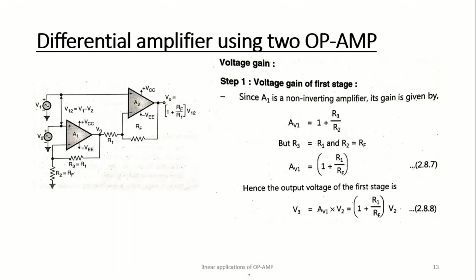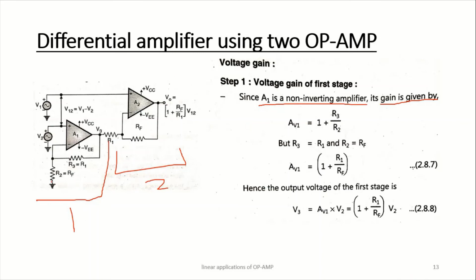Now we derive the expression for the voltage gain for the differential amplifier using two op-amps. Step 1 is the voltage gain for the first stage. Here this is the first stage and this is the second stage. Since A1 is a non-inverting amplifier, its gain is given by 1 plus RF upon R1, where RF is the feedback resistance and R1 is the input resistance.